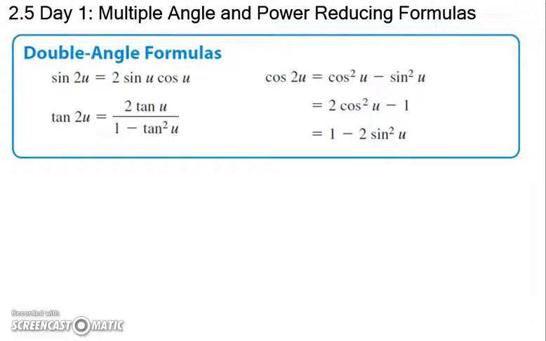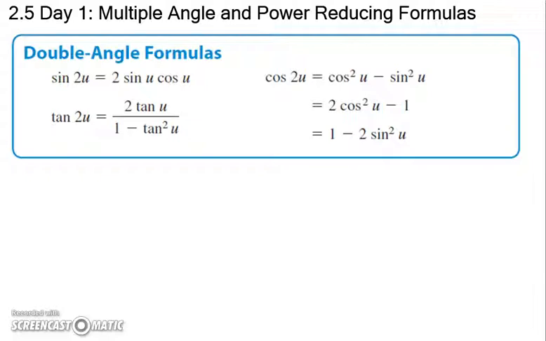These are going to be used to help us get rid of sines and cosines and tangents if we need to in order to solve. All of these things can be derived from our sum and difference. So if you had sine of u plus u, you could use your sum and difference formula to get 2 sine u cosine u.